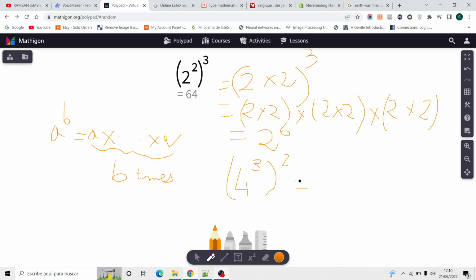So it equals 4 to the exponent 3 times 2. Okay. Equal 4 to the exponent 6.